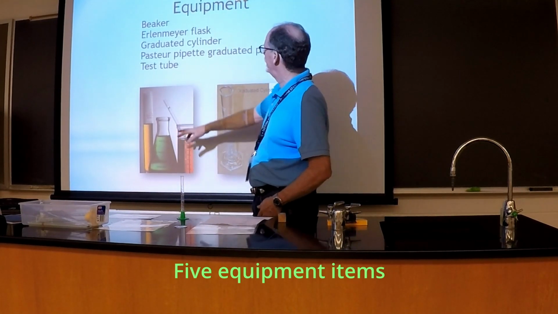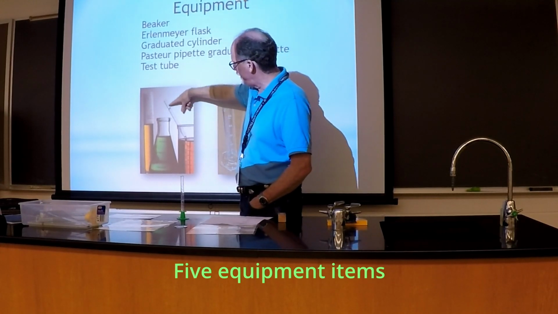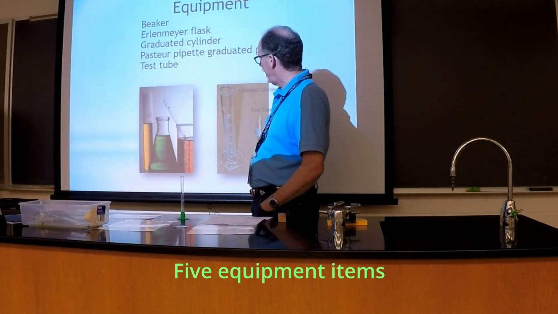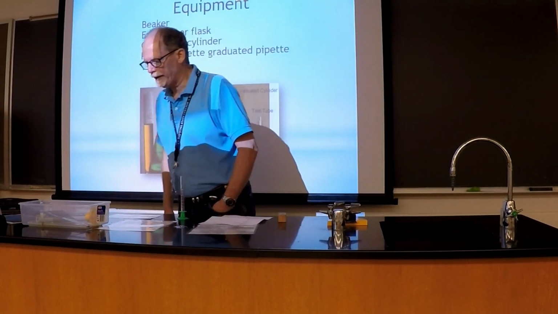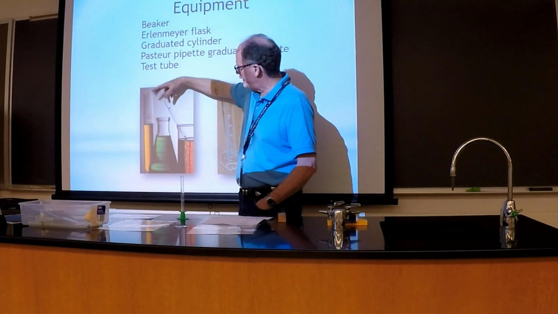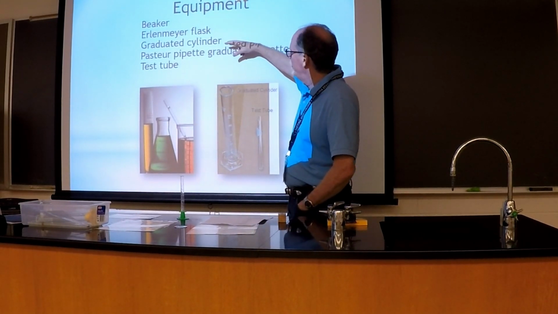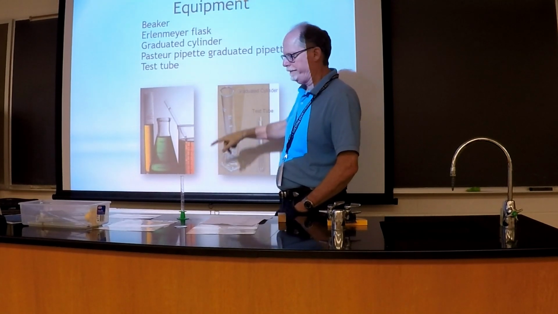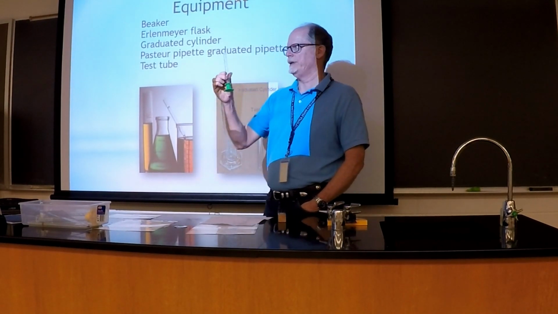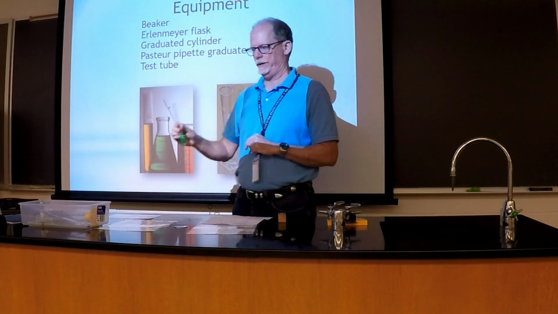So I expect you to know all 5 of these. Test tube, pasteur pipette or pipette, looks like that. I don't think I have one in that box, but that's a pasteur pipette. You put a bulb on the top of it and it can suck things up. Graduated cylinder, right? This is a 10 milliliter graduated cylinder. You can accurately measure out 10 milliliters.